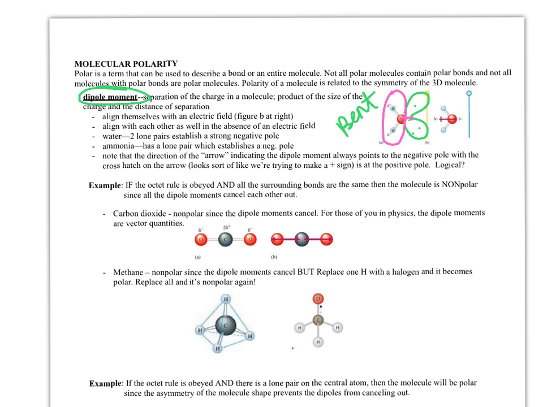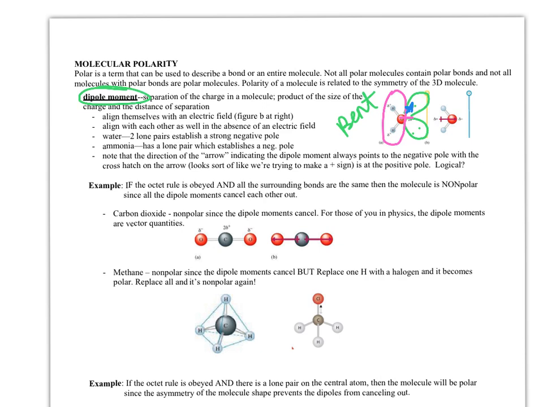That means that if we have polar bonds, there's a good likelihood that those polar bonds create an uneven distribution of electrons. So let's look at the bonds themselves. When I look at the bonds between the hydrogen and the oxygen, we know that the oxygen is more electronegative. So the bonding electrons are going to be shifted more towards that oxygen.